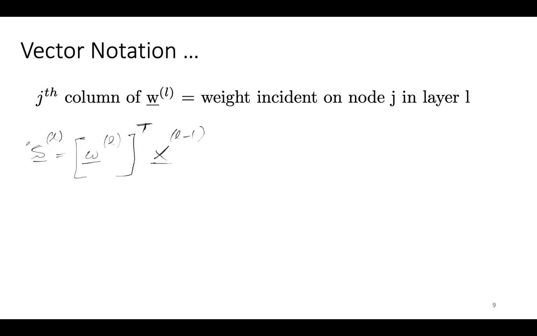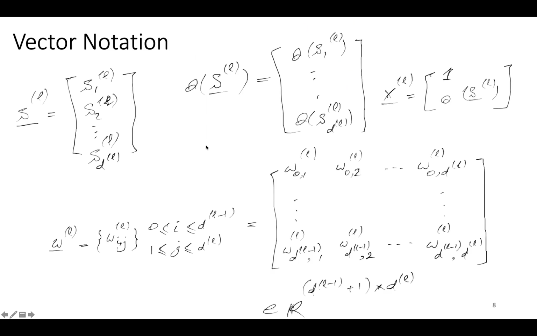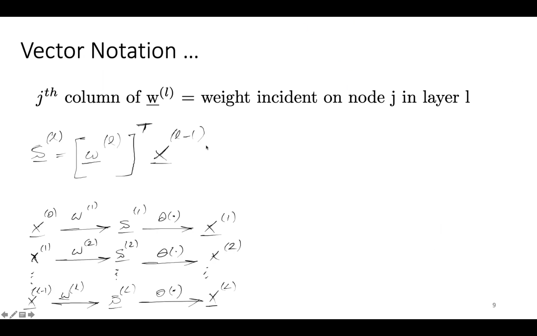So s^L would be the transpose of the vector of W's multiplied by the vector of X's, just like what you had before in your credit card application, right? This is your W^T x, okay?